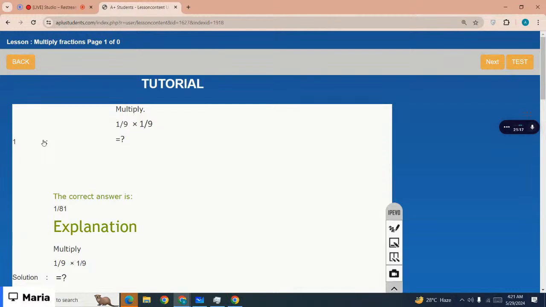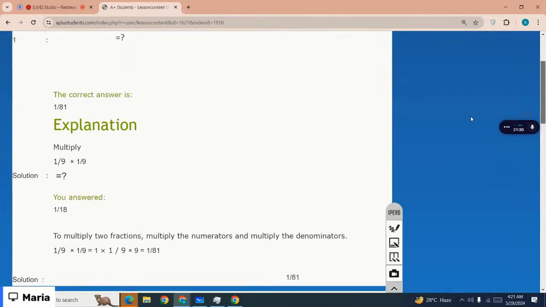You have to do numerator times numerator and denominator times denominator, right? So 1 by 9 times 1 by 9 means you have to do 1 times 1 and 9 times 9 is 81. So that would be 1 over 81.